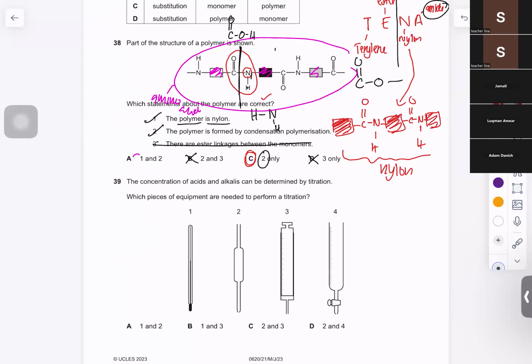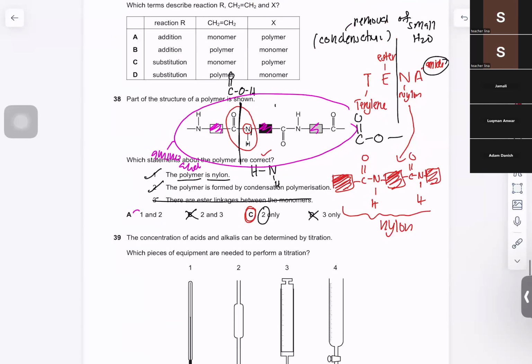If you see the NH, this is the amide linkage. If you have a different box with a different color, this one is under amino acid.